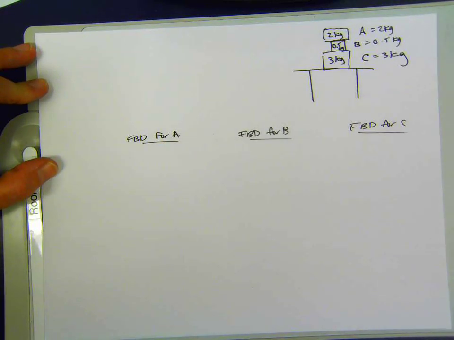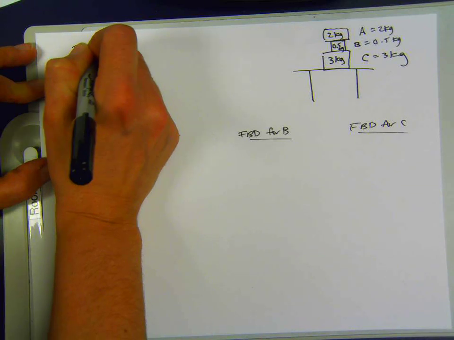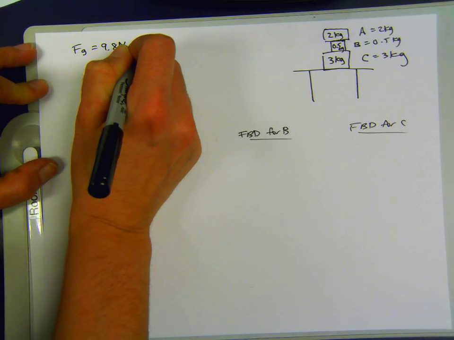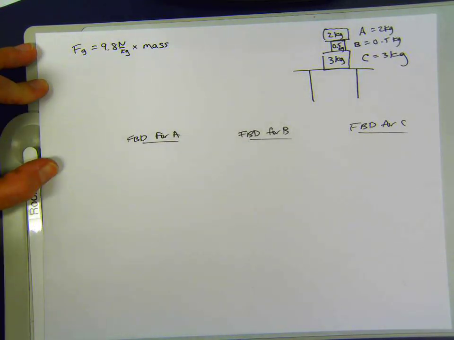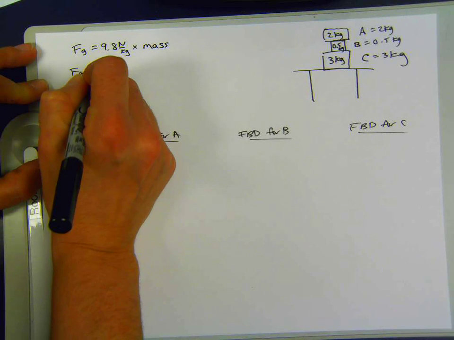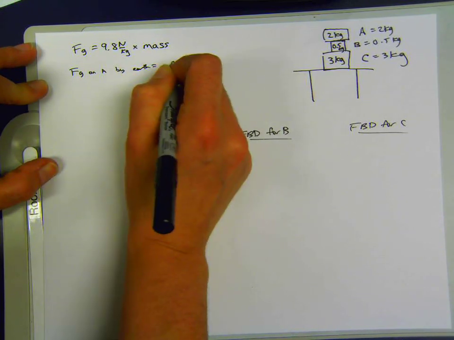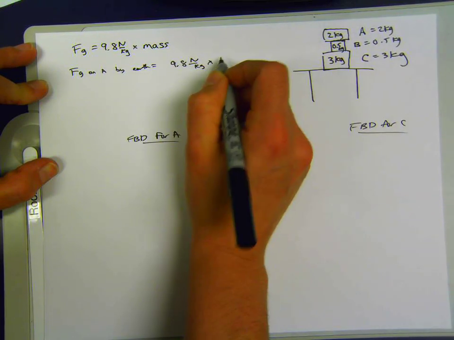In some of my free body diagrams, there's probably going to be force of gravity, so a good starting thing to do might be to use that model for force of gravity: gravity pulls 9.8 newtons for every kilogram. So force of gravity is 9.8 newtons per kilogram times mass. For the force of gravity on A by Earth, I'd sub in A's mass, 2 kilograms.